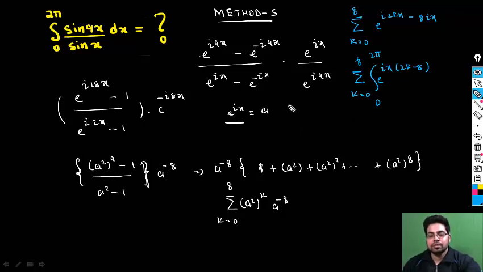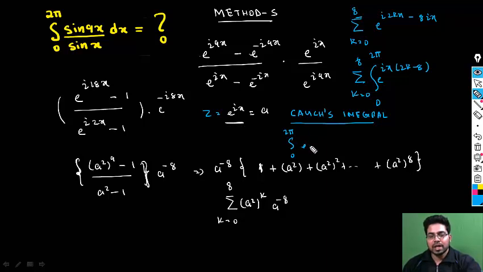Now using Cauchy's integral along a closed curve, I know the value of this expression from 0 to 2 pi, because z equals e to the power ix would be a unit circle with center at origin.